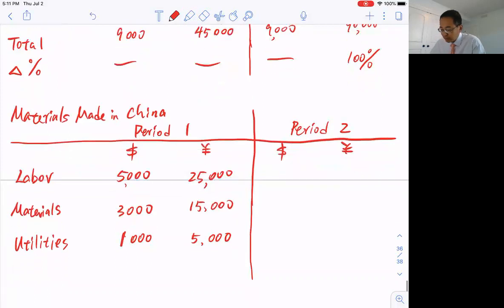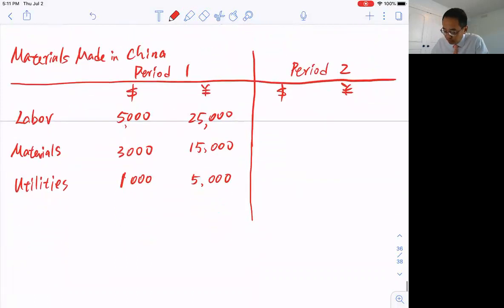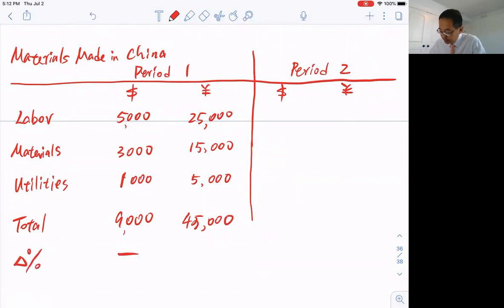So the total is still $9,000. Nothing has changed, and the equivalent of 45,000 yuan. And if we do percentage change, then there's no change yet.